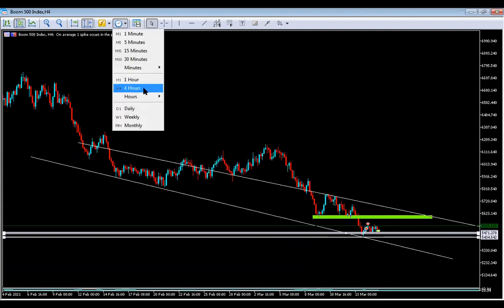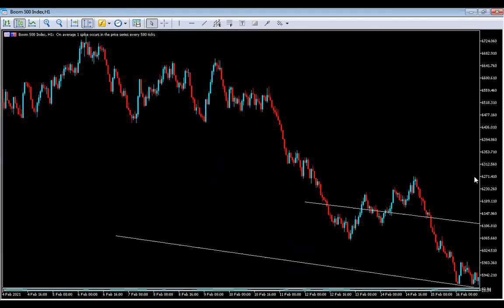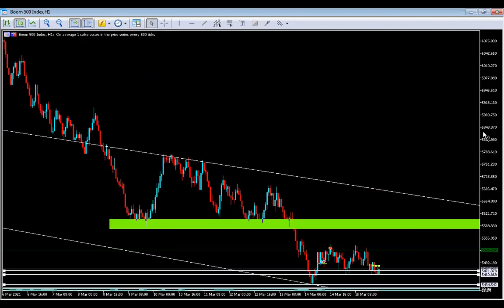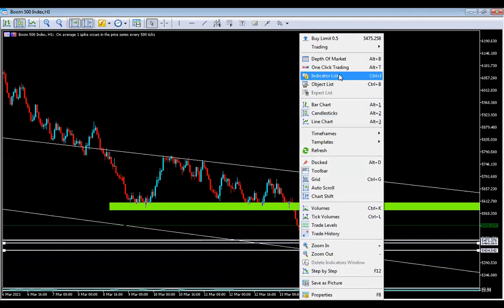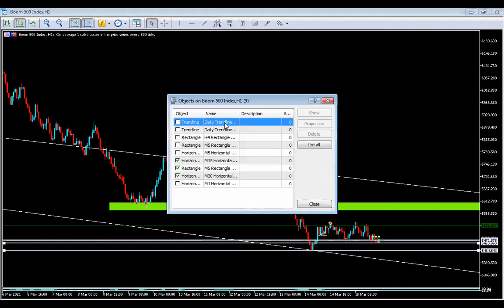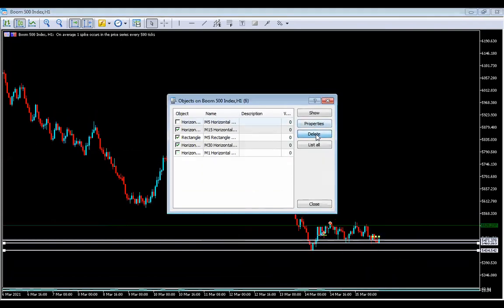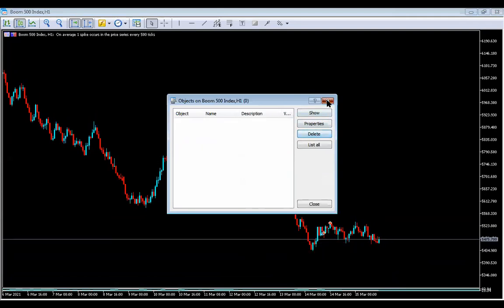So when you go to another time frame, you want to spot out supports and resistance. Let me clear all this. Let's get a fresh chart. Okay.